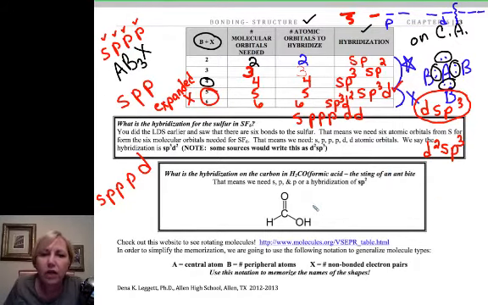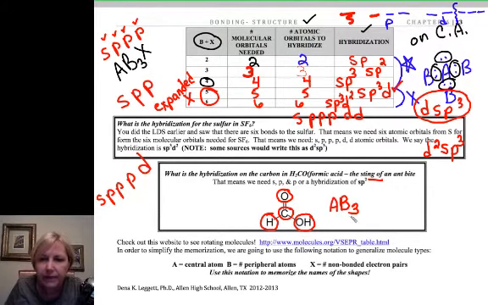All right, let's take a look at formic acid here. That's the sting of an ant bite. It's got 1 central atom, A. I'm going to call that whole thing a B. Remember I said it could be a cluster of atoms hanging off as well. So AB3. There are no non-bonded pairs on the central atom.